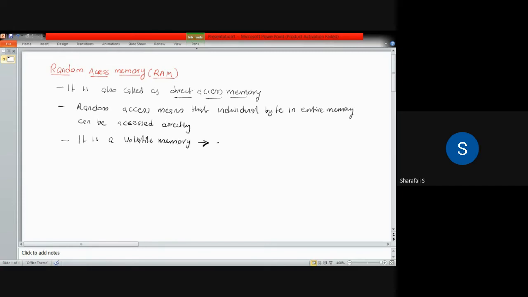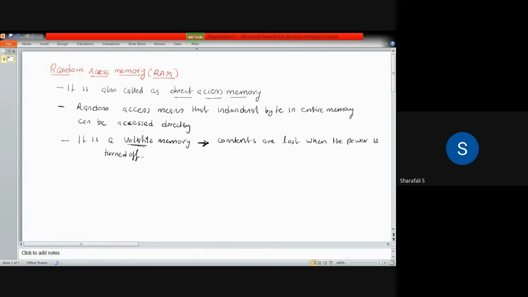Volatile memory means that the contents are lost when the power is turned off. So when there is no power, the contents will be lost. That's why it is called volatile memory.